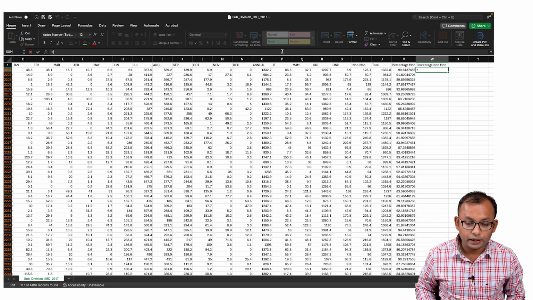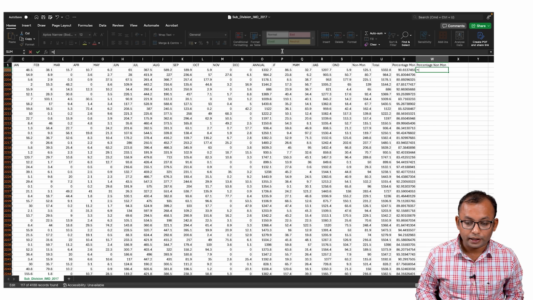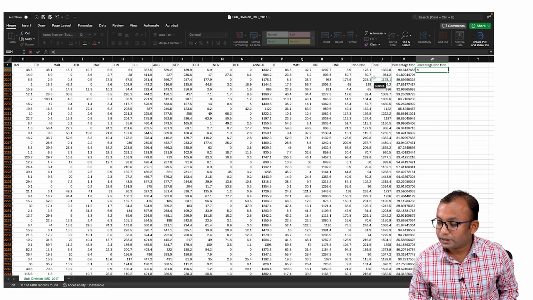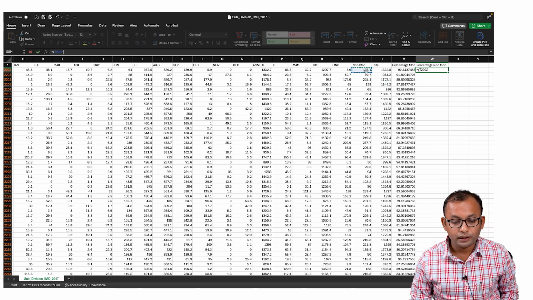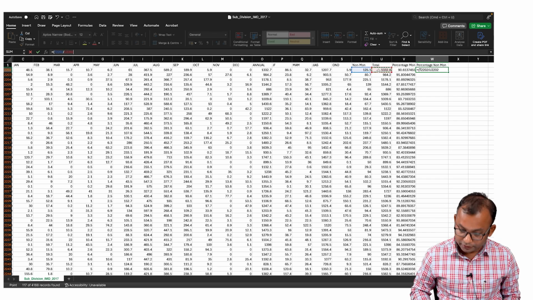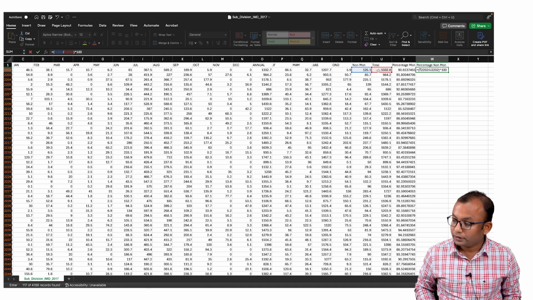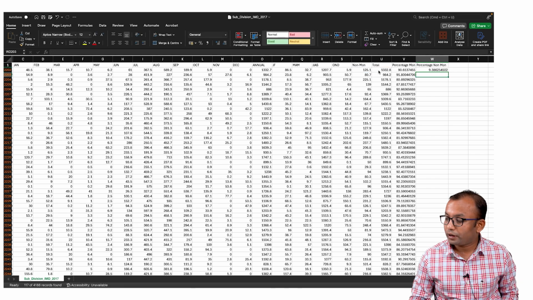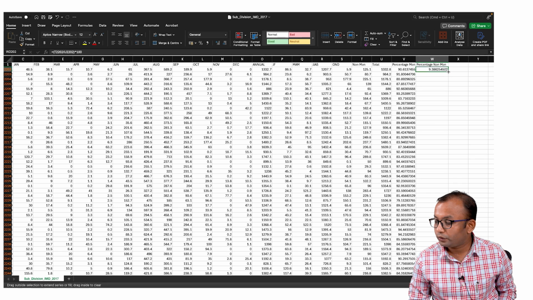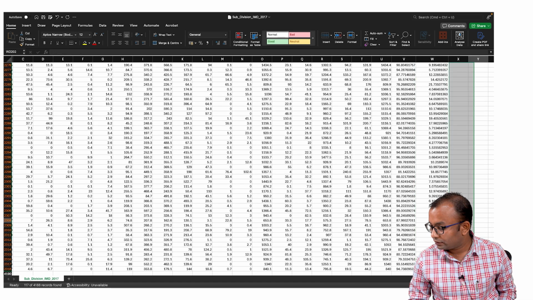Again write an equal sign, then add a small bracket, then the non-monsoon month divided by the total amount of rainfall, the bracket is closed, and then multiplied by 100. So, here you have got this value, and then you can apply it for all the cells.